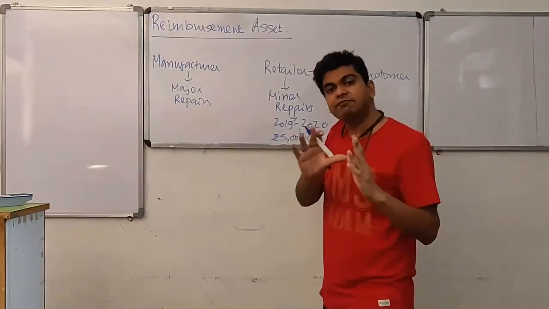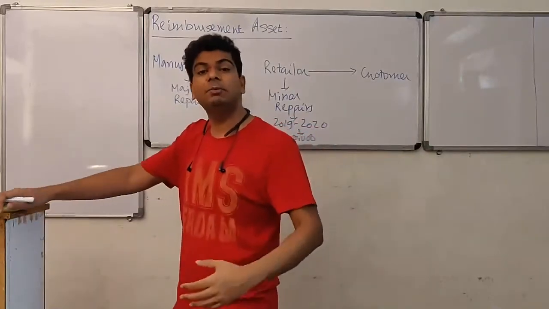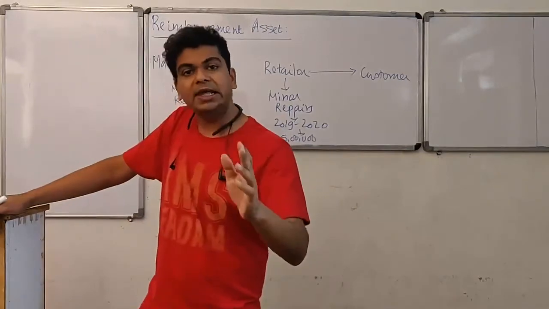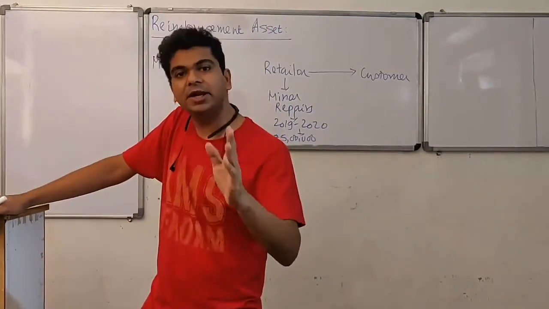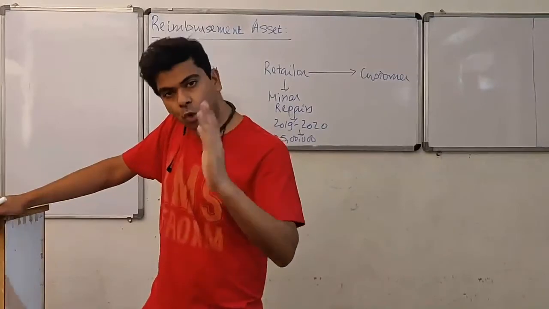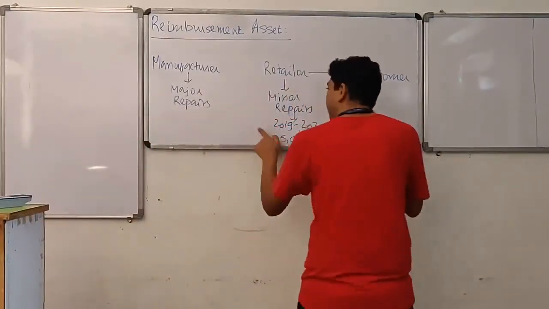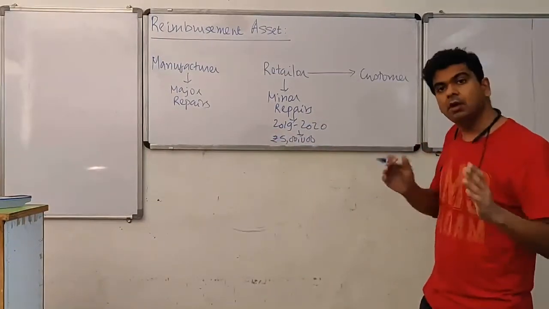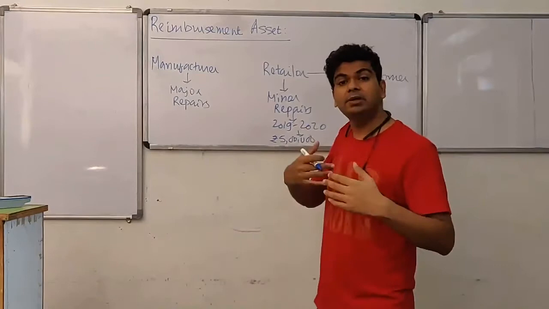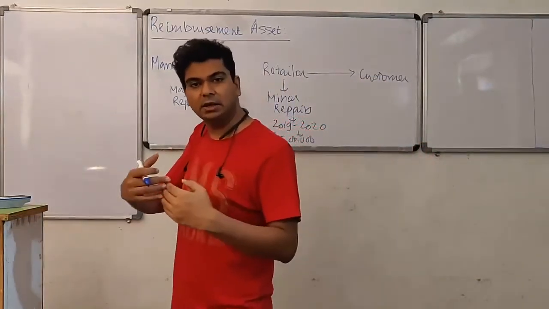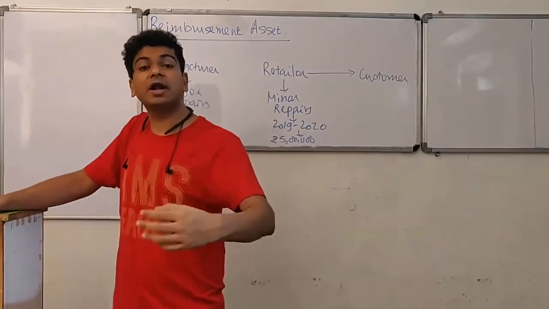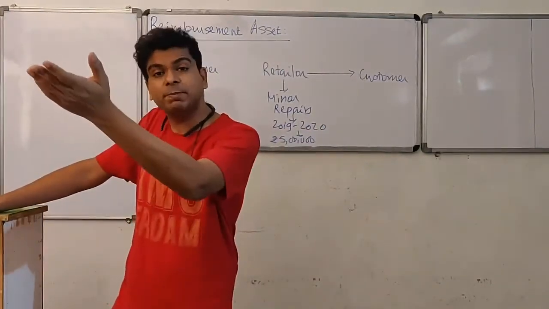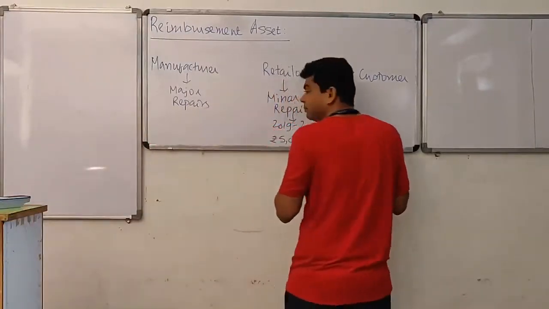Now, this inflow of resources can be considered to be an asset which can be recognized in the books only if its collection is 100% certain. So, as a retailer, are you 100% sure that the manufacturer will reimburse 5 lakhs of rupees? For example, in the past, there have been disputes between the manufacturer and the retailer. Many a times, the manufacturer has alleged that the retailer is unnecessarily shooting up the expense and demanding a higher reimbursement.